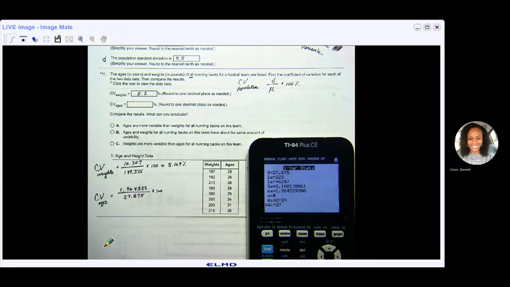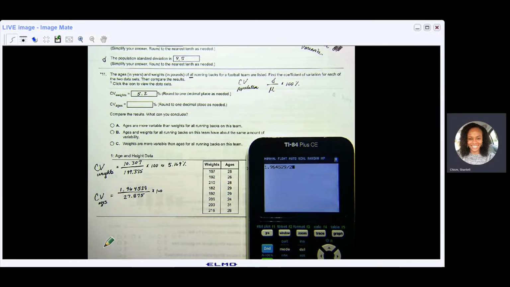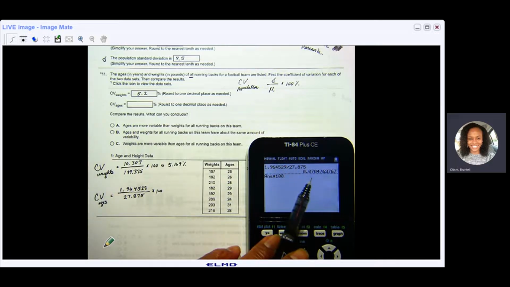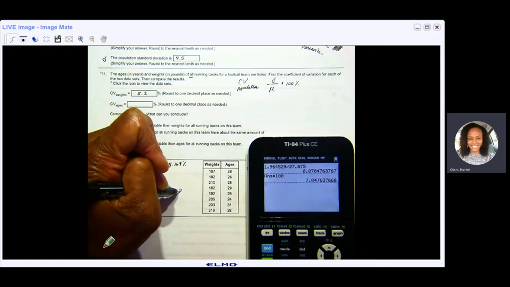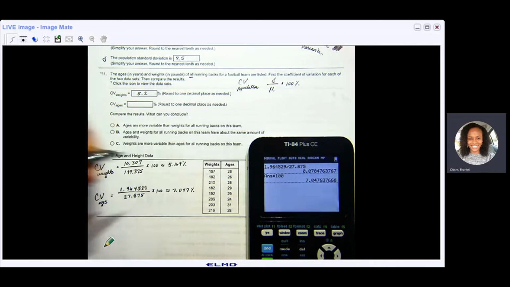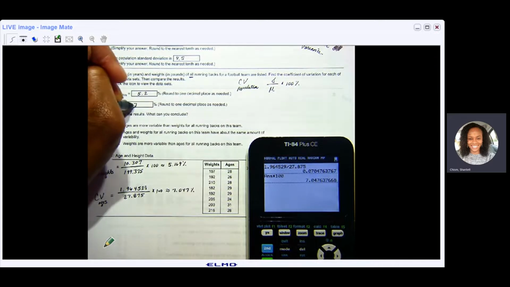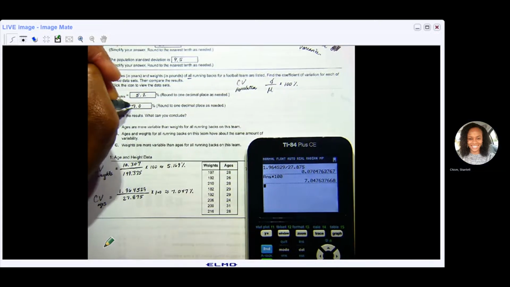So 1.9645529 divided by 27.875, and then times 100, because I got the ratio first, and that was 0.07, and then times 100. So that is about 7.047. Rounding that to one decimal, that would still just be 7.0.